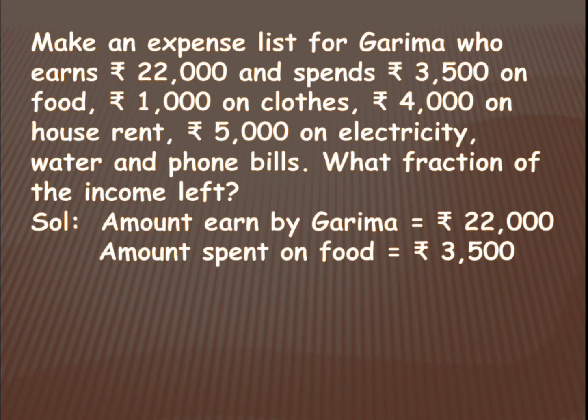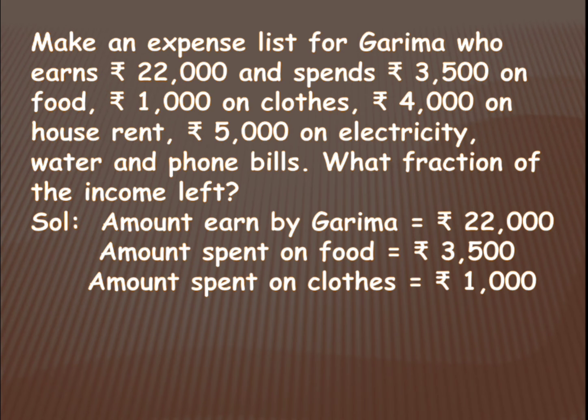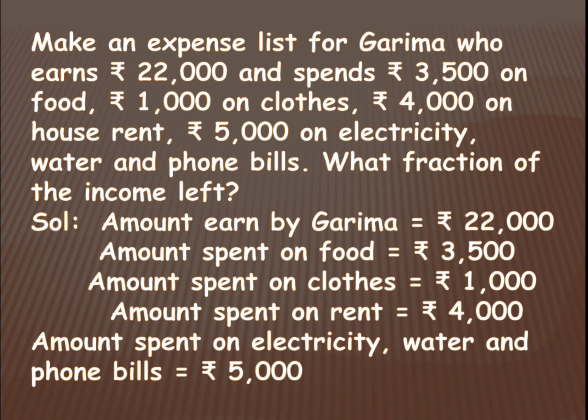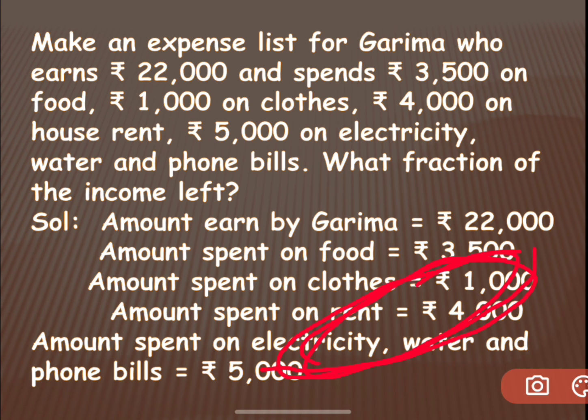She spends on food 3,500, on clothes 1,000, for house rent 4,000, and for the electricity, water and phone bills about 5,000. Now we need to add all these expenses, and subtract them from the amount she earns, and for that left amount you need to find the fraction.